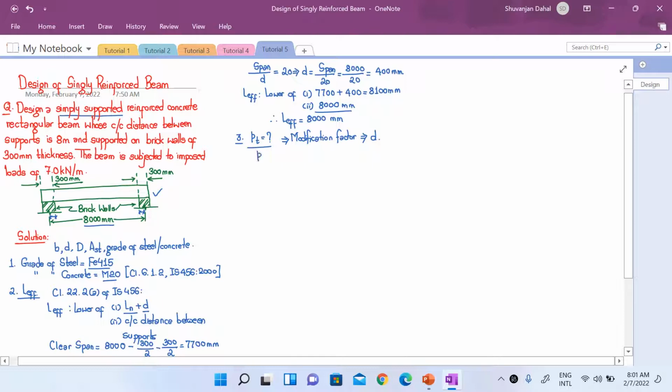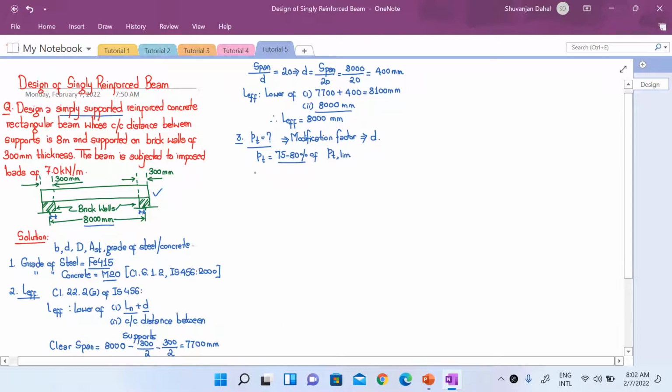For this percentage of steel reinforcement, one general provision is to keep about 75 to 80% of the limiting value of steel reinforcement. To ensure ductile failure, we generally follow this provision, 75 to 80% of pt limiting.